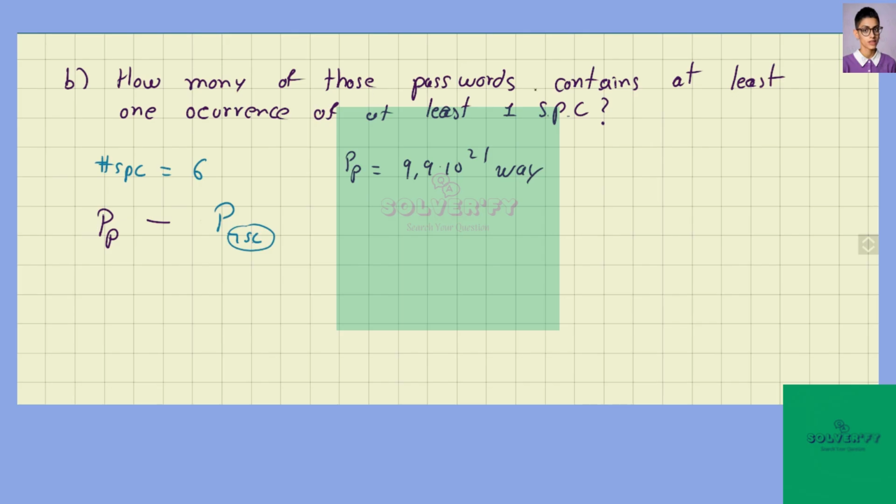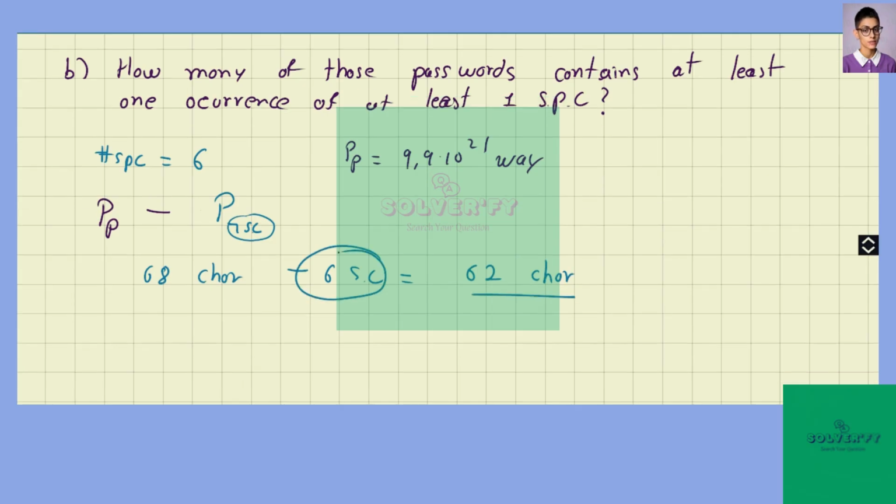Now, no special occurrence means that we are not having the 68 possible characters for our password, but now we need to subtract the 6 special characters, and that means that we have 62 characters for our password that do not contain the special characters.